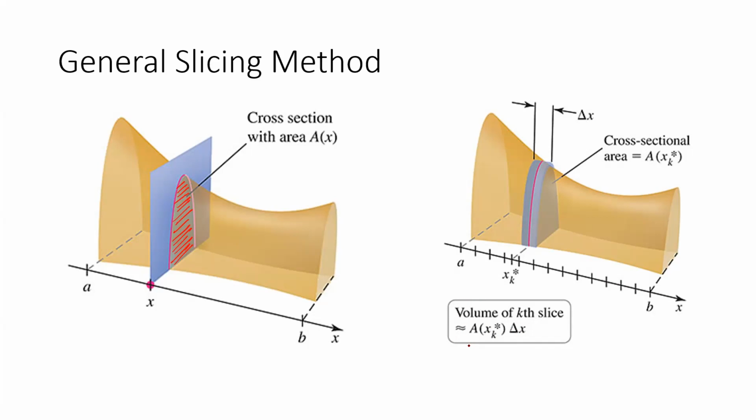So that's just the area times the thickness, like we were mentioning a moment ago. And that gives us a rough estimate of what the volume of that slice is. Notice it's not exact, because we're assuming here it's just a flat slice, but it could have some edge or bevel to it around it.